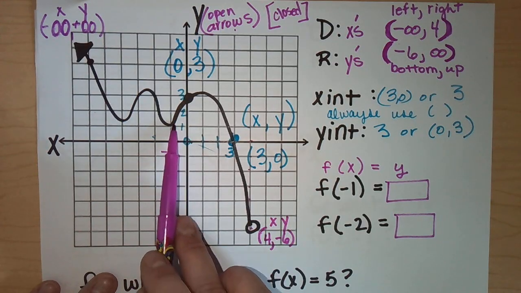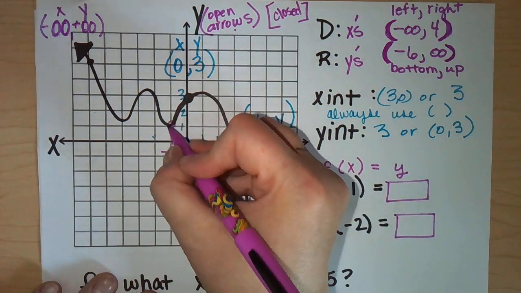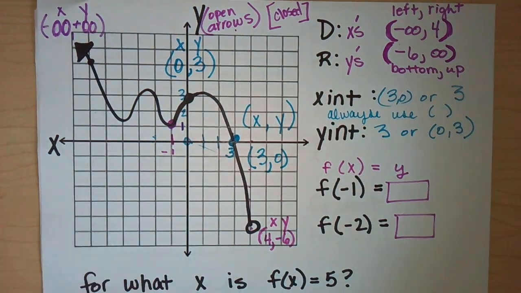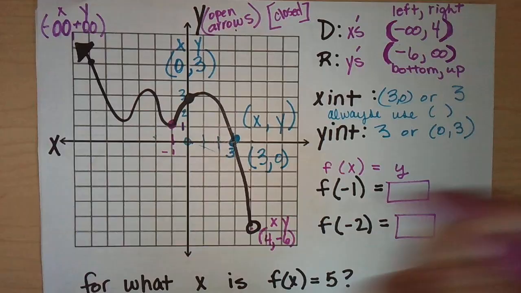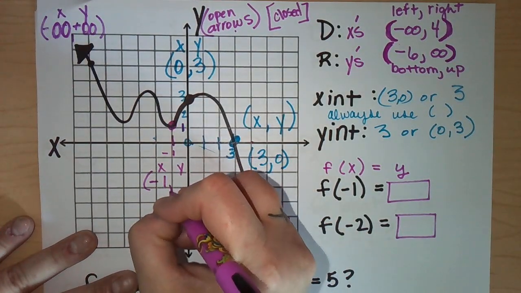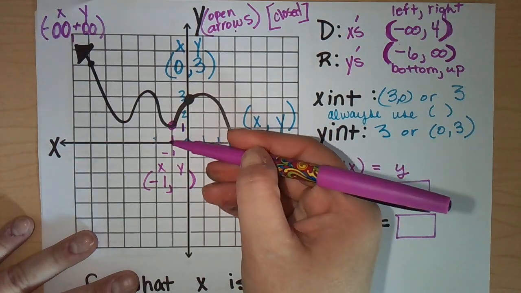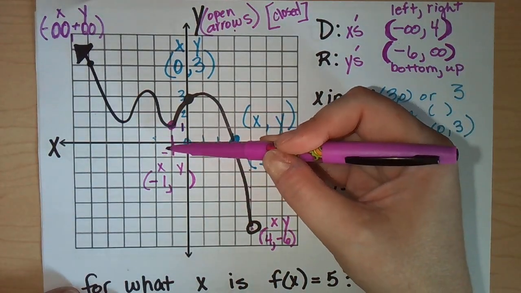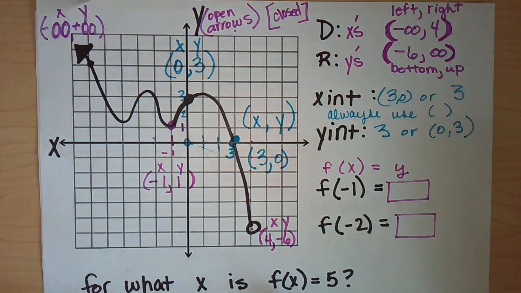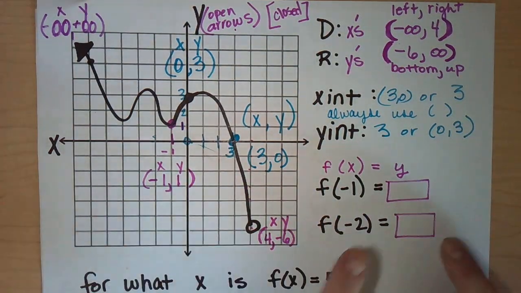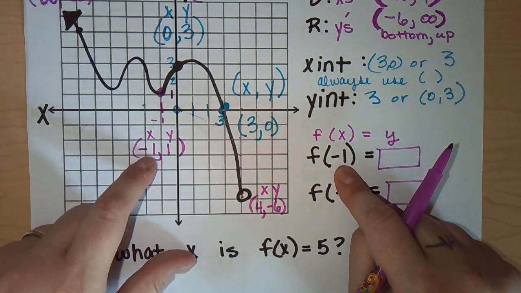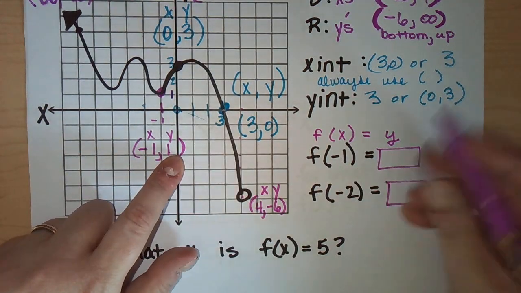I think I'm going to rise up. And I have to rise up 1. So this little point has an x value of -1, because remember we went left 1. Then the y value, you have to go up 1. So the y value is 1. Okay, so let's translate it into this f notation. F of -1, that's the x value. So the y value is 1.